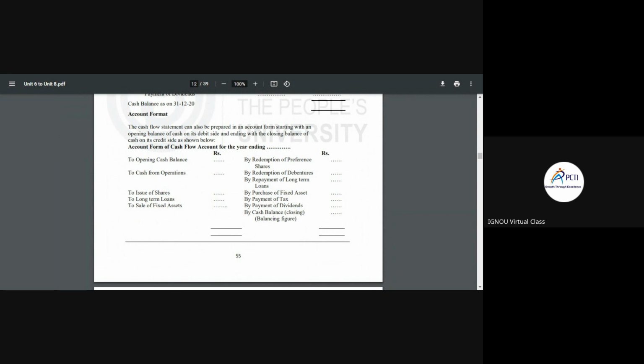On the debit side, we have opening cash balance, cash from operations, and on the credit side, we have redemption of shares, redemption of debentures, repayment of long-term loan, purchase of fixed assets, payment of tax, payment of dividends, and cash balance.